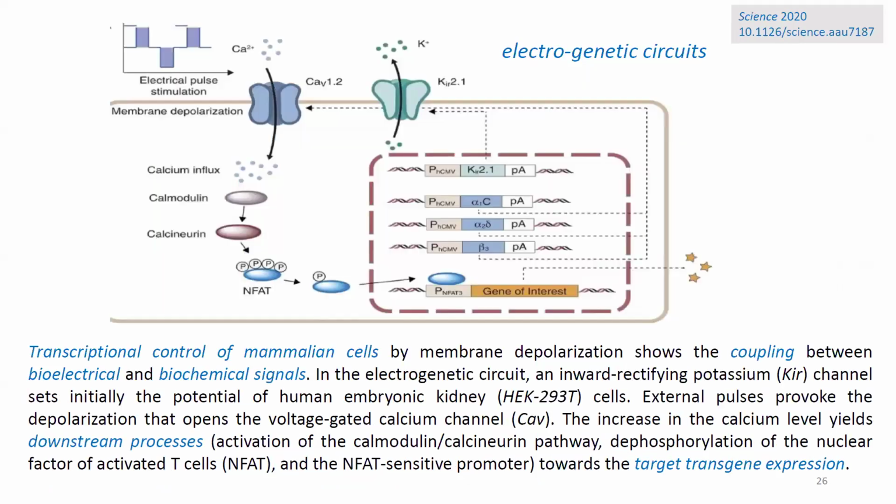If we move to the case of electrogenetic circuits, the design of electrogenetic circuits usually involves only a limited number of counteracting channels. For instance, in this case, transcriptional control of mammalian cells is attempted on the basis of only two channels, a calcium channel and a potassium channel that control the calcium influx following depolarization and repolarization phenomena.